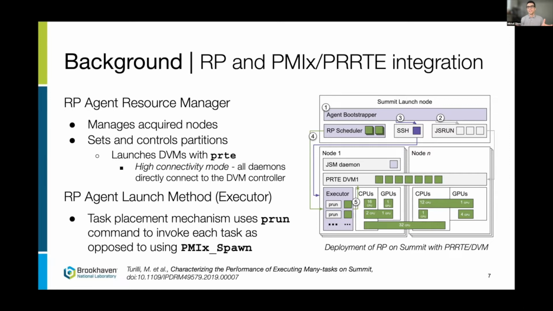While DVMs are running, to submit and place tasks we use this launch method, which actually uses the prun command and communicates with the corresponding DVM. In our case, we already use a certain implementation of a PMIx client that is within this prun command, and we don't use a specific method.